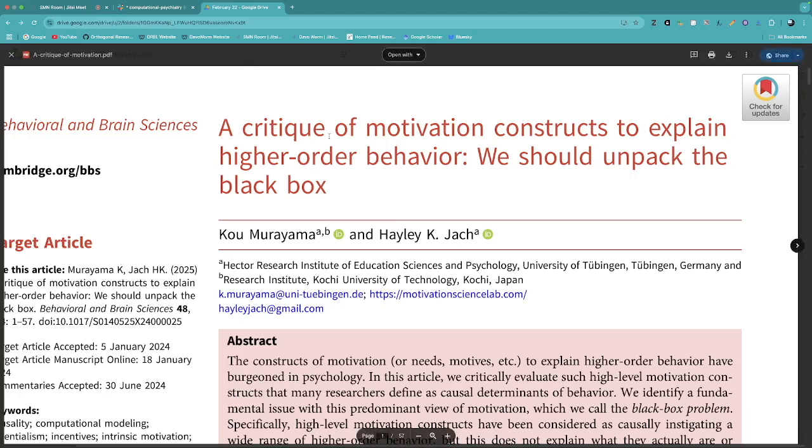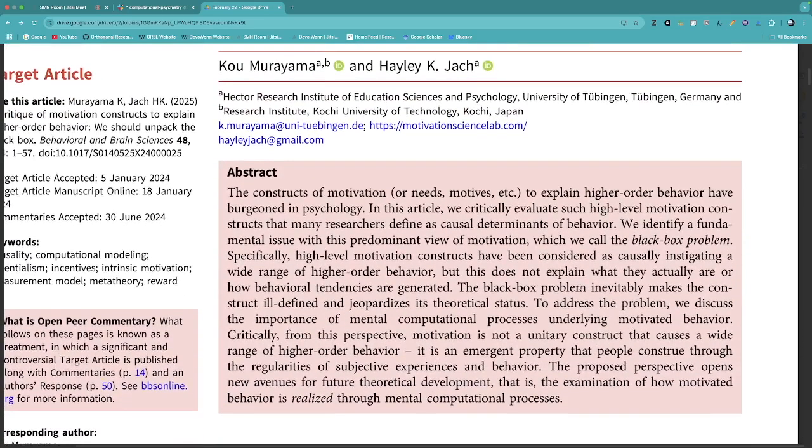The title is A Critique of Motivation Constructs to Explain Higher Order Behavior: We Should Unpack the Black Box. So this is arguing that there are certain aspects of motivation and motivational psychology that are a black box, and we should understand behavioral reinforcement learning in more of a cognitive way.